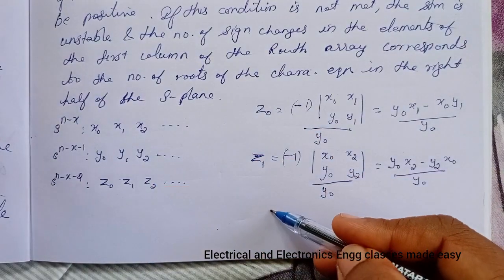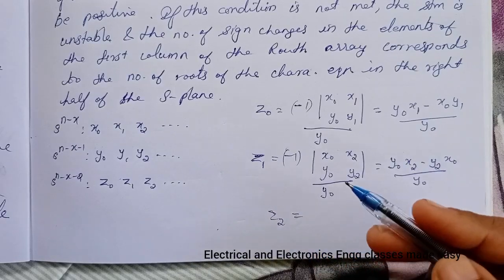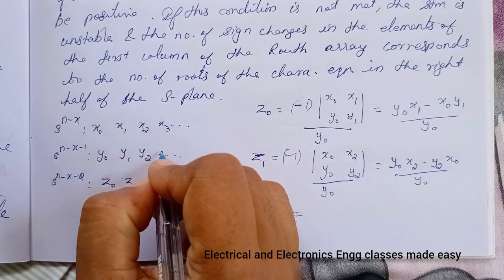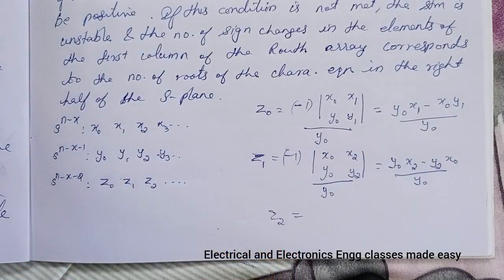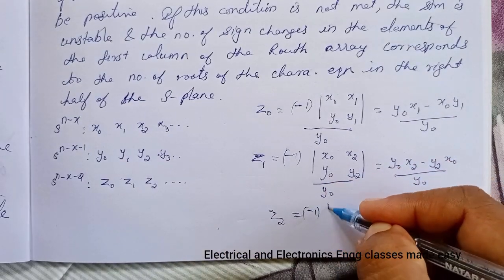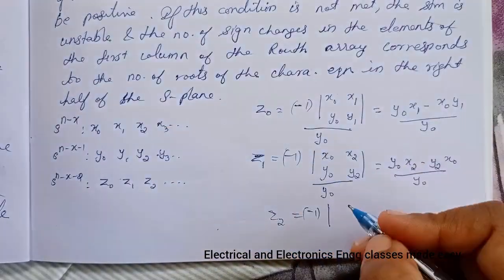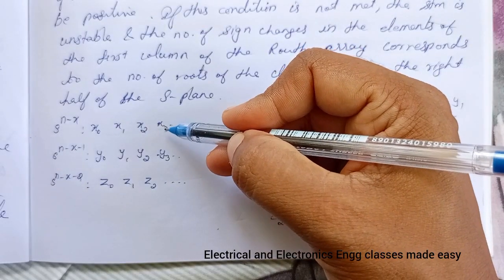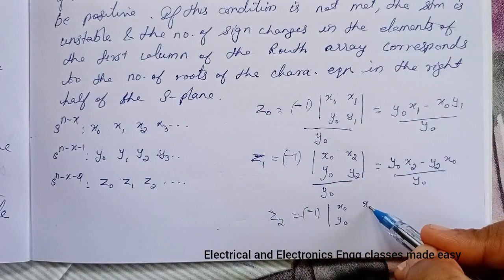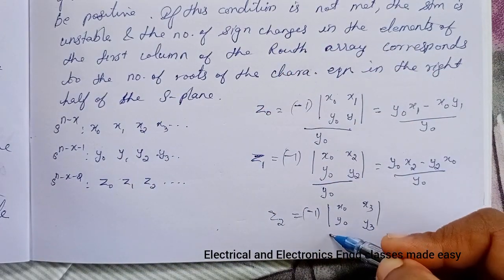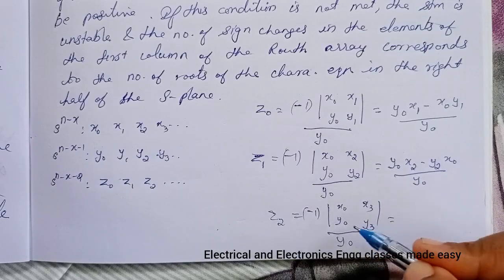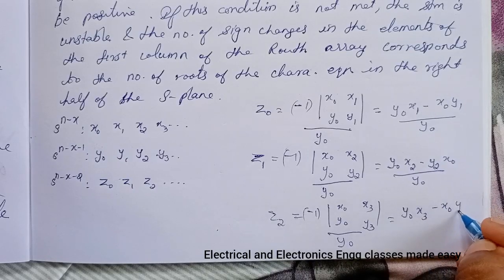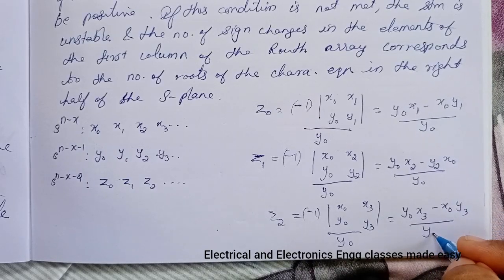Then z2 is, if there is x3 then y3, minus 1 times the determinant of x0, y0, x3, y3, divided by y0, and that is y0 x3 minus x0 y3 divided by y0.